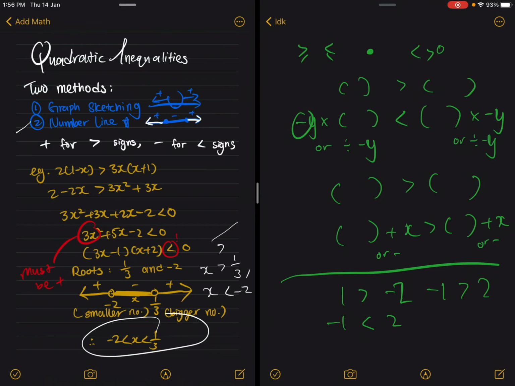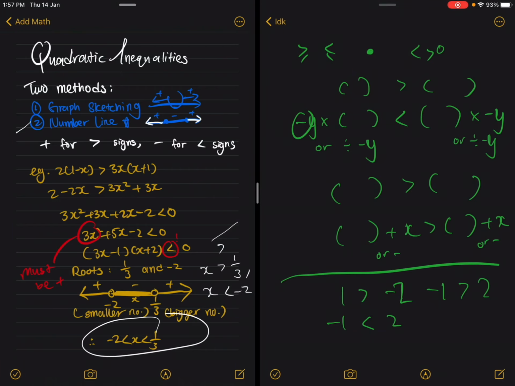But if you just want a simple understanding of why it's like that, just sub in the values one by one. Sub in the number that is in the middle of both numbers, and sub in a value that is bigger or smaller than both numbers. You will see that one of them will not match the equation if you simply use the roots as the solution.